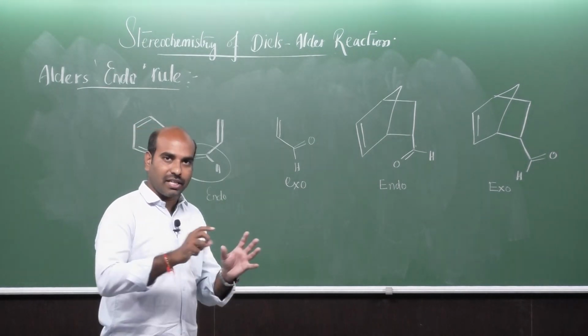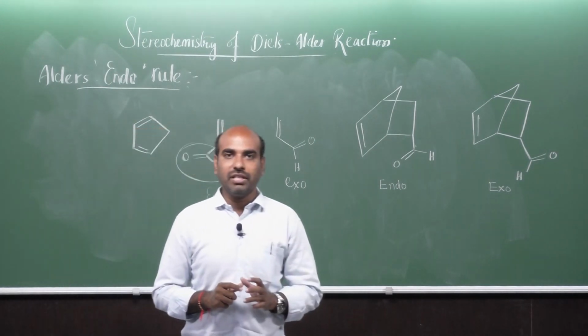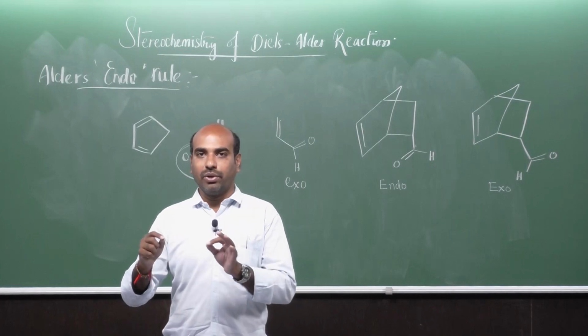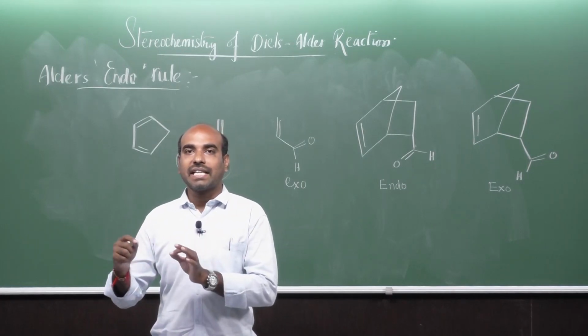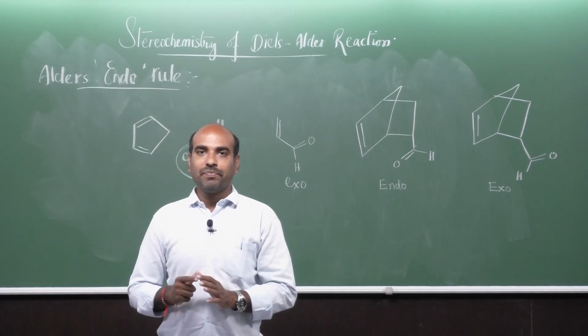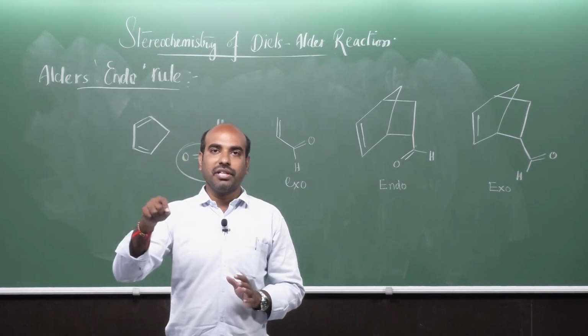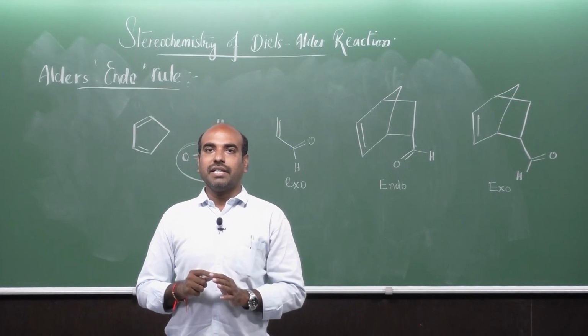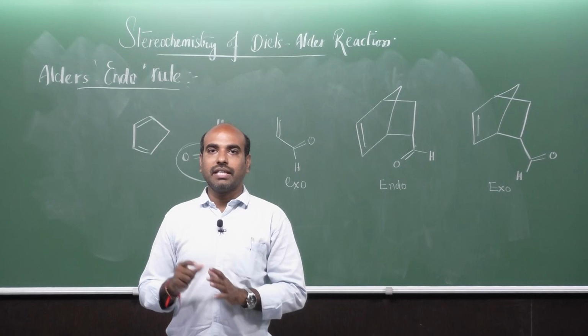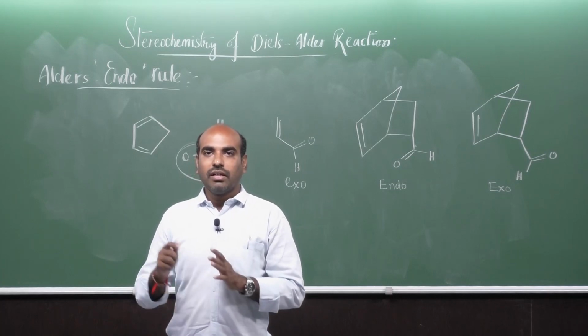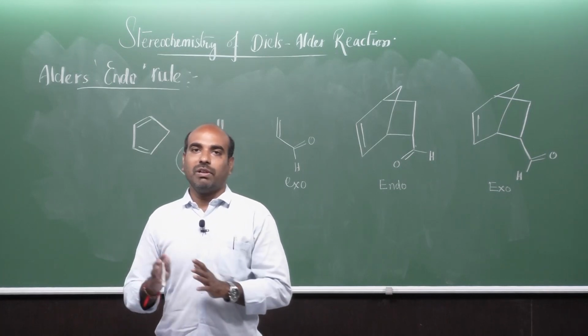In crisp terms, according to Alder's endo rule, the cyclic diene, if it reacts with a dienophile having an unsaturated functional group, you will see two different types of isomers, endo and exo isomers. Among them, the endo isomer will be the major product.